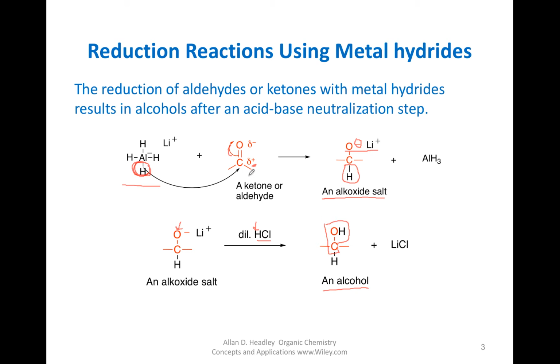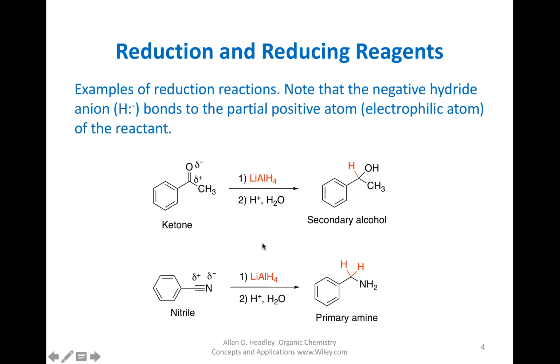So once again, you can reduce a ketone or an aldehyde using lithium aluminum hydride to supply H minus to form an alcohol in a 2-step reaction. Notice 2 steps. Some specific examples here.